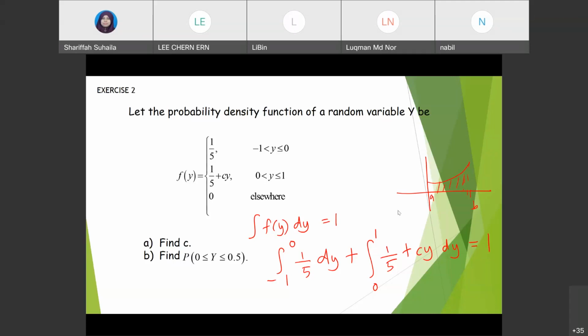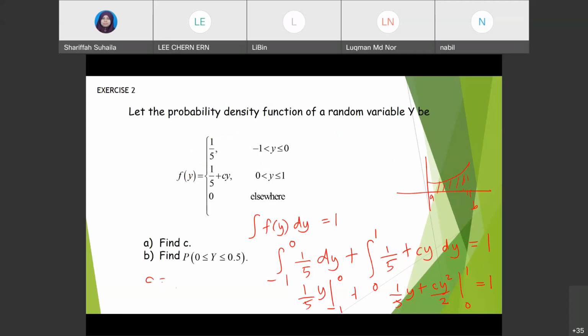You just set up and solve your integration. So this one you should get 1 over 5 y, and you substitute the value from minus 1 up to 0, and then plus 1 over 5 y plus cy square over 2, from 0 up to 1, equals 1. Solve your value, you should get C equal to 6 over 5.